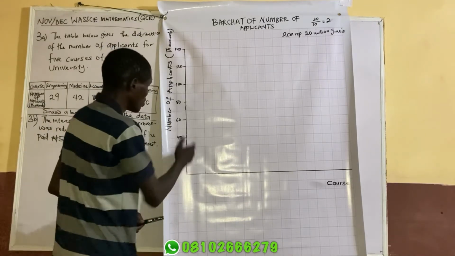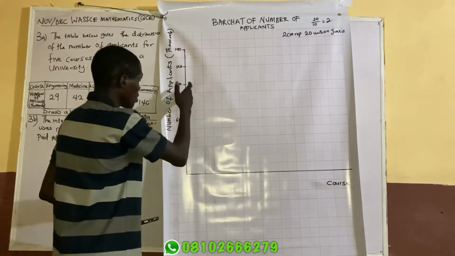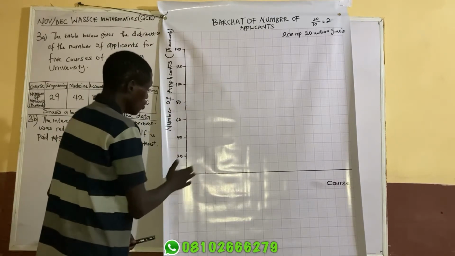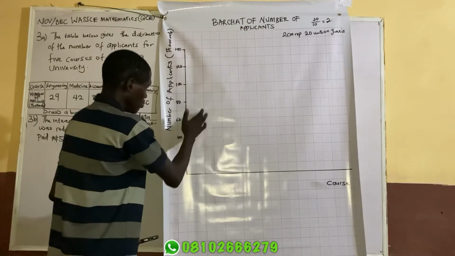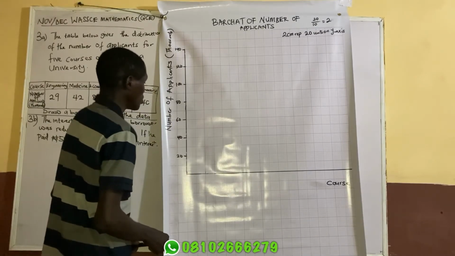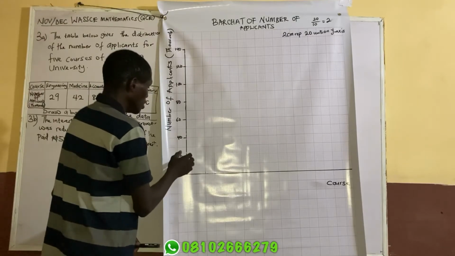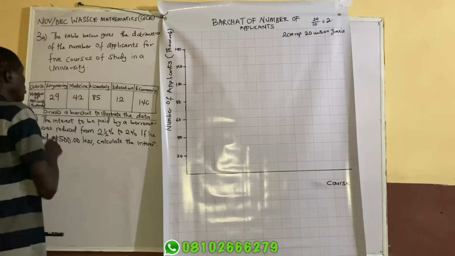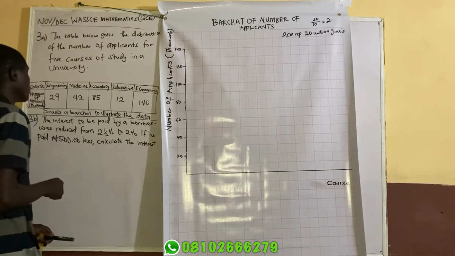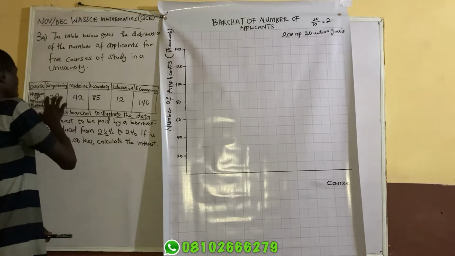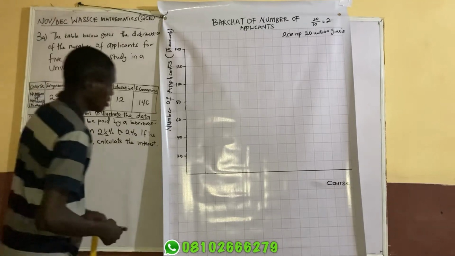The first vertical section here will be left empty. Then you move to the second vertical box here, so that you can draw the rectangular bar for the number of applicants for engineering.